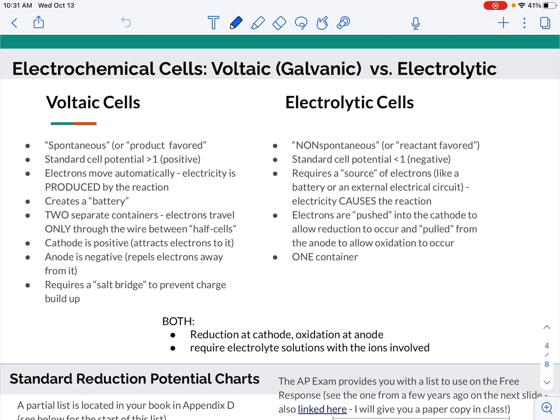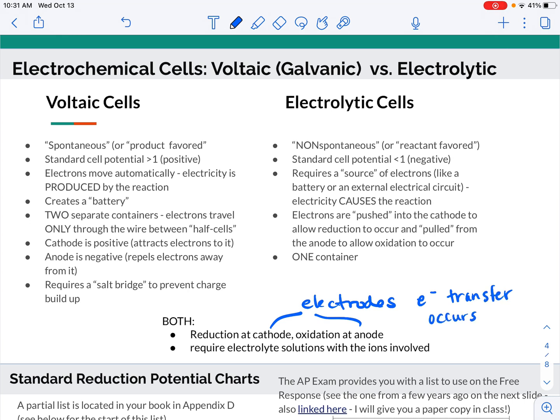Okay. Something else related to all of this is that they both have something that we call a cathode and an anode, and so these are collectively called electrodes. The electrodes are literally the place where electron transfer or conductivity occurs.